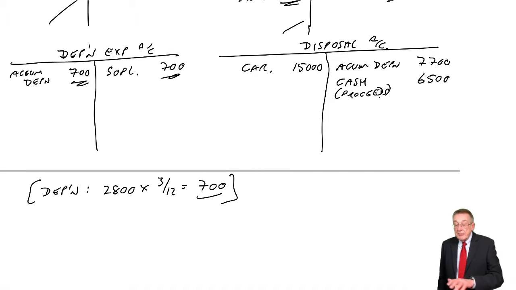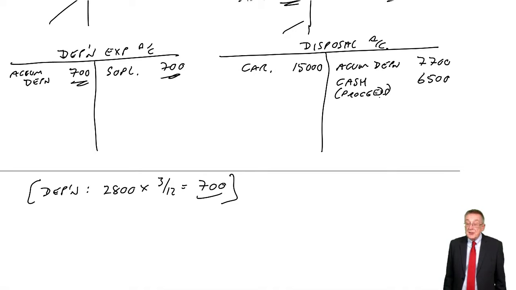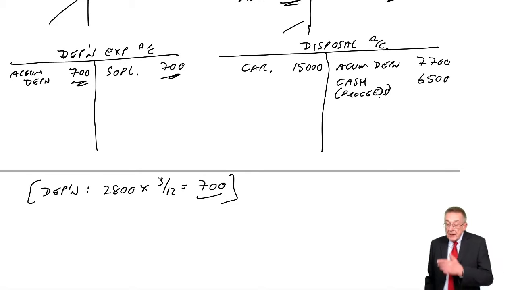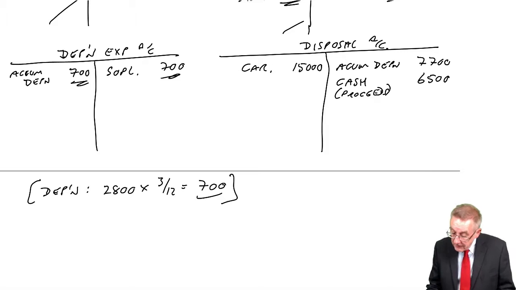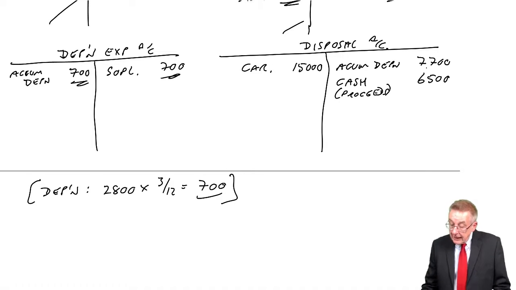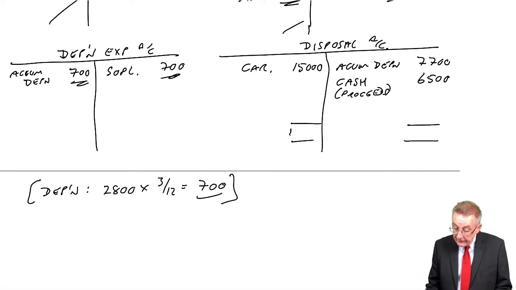We've removed cost, we've removed accumulated depreciation, balance on depreciation expense is 0. But what about the disposal? There's a missing figure. The big side adds up to 15,000.